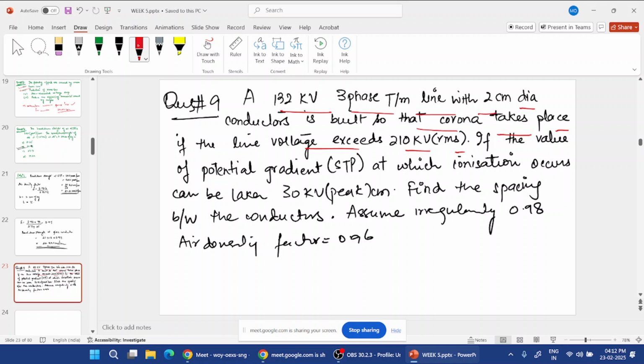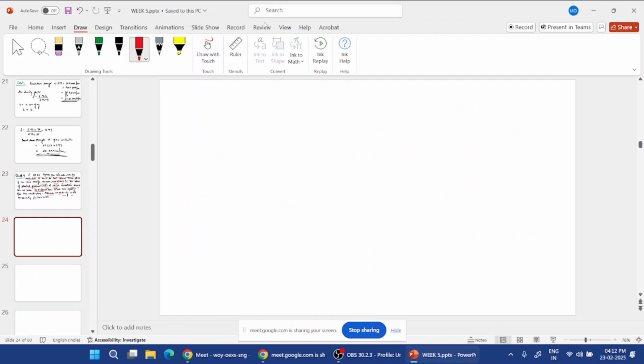If the value of the potential gradient at which ionization occurs can be taken as 30 kV peak per centimeter peak value, find the spacing between the conductors, assuming irregularity factor and air density factor.